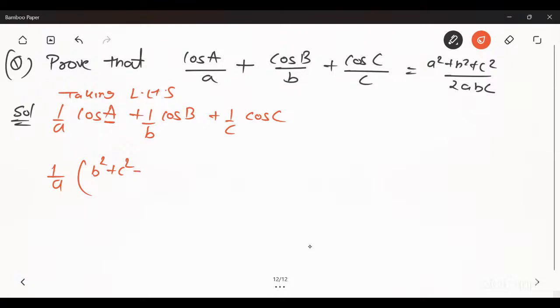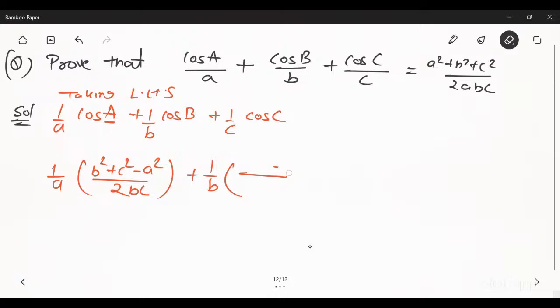A. So the corresponding side will be a square, upon 2 times the product of the left sides. Similarly, for cos B the corresponding side will be b square, and the two sides left are a square and c square, upon 2 times the product of the left sides.